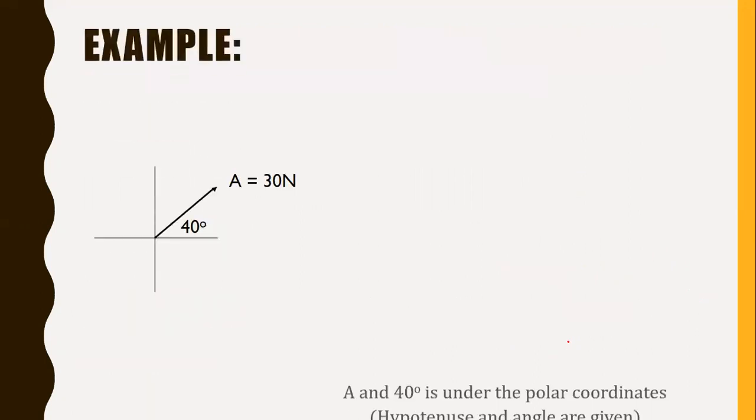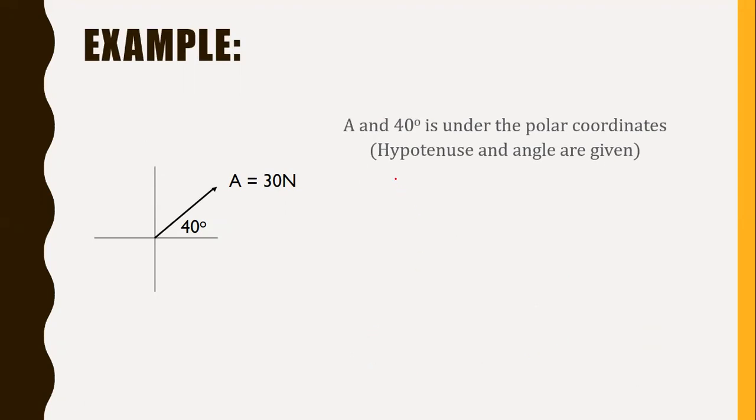Okay, example. A and 40 degrees is under the polar coordinates. Your vector A and your 40 degrees are the polar coordinates. That is, the hypotenuse and the angle theta are given. Therefore, we need the Cartesian coordinates, your x and y. Since your vector A is lying in the first quadrant, you have your Fx and your Fy.